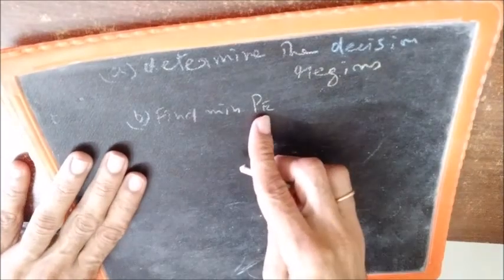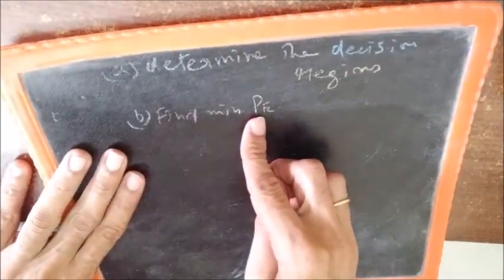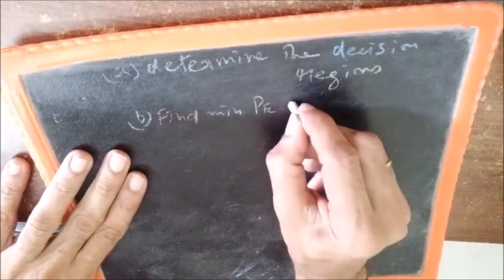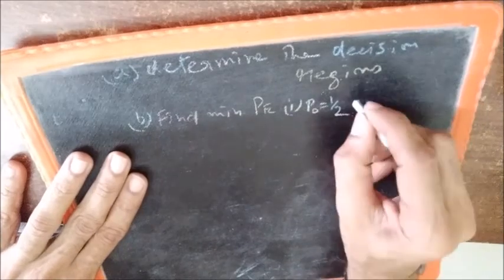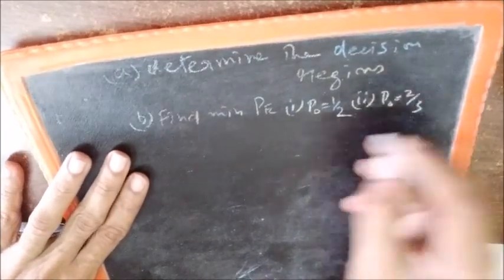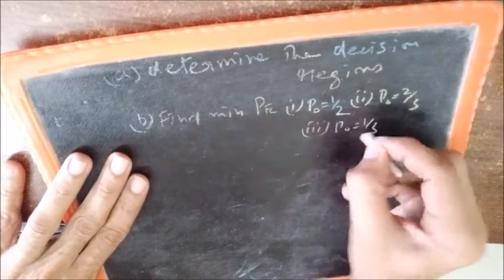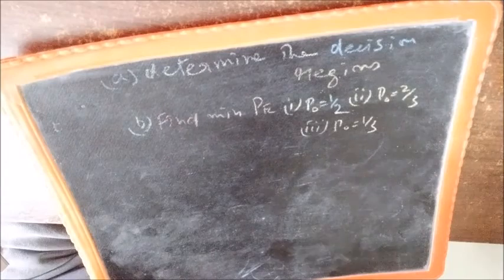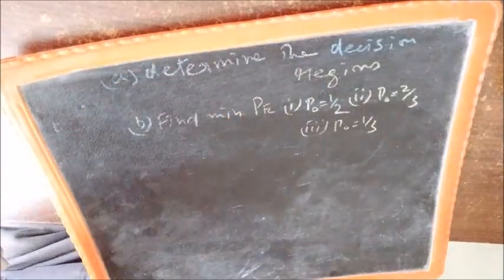I will write P subscript E for probability of error. Find the minimum probability of error if 1, P naught is equal to 1 by 2, 2, P naught is equal to 2 by 3, and 3, P naught is equal to 1 by 3. So for these three cases, we have to find the minimum probability of error, and of course we have to determine the decision regions.